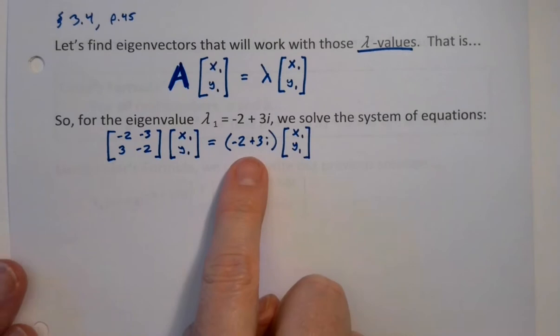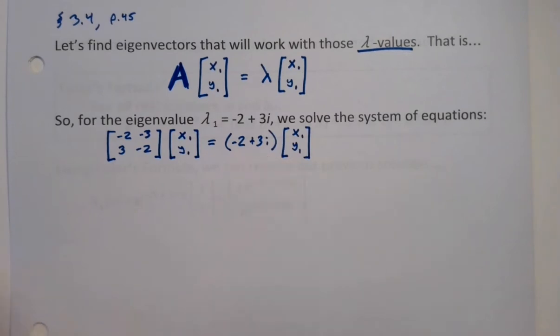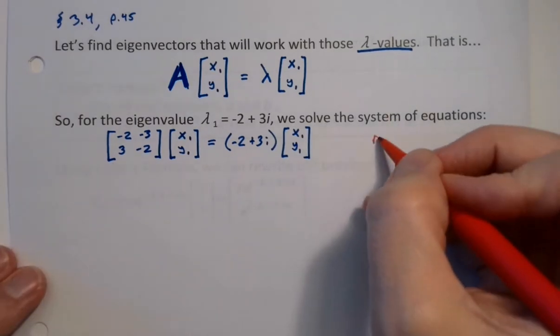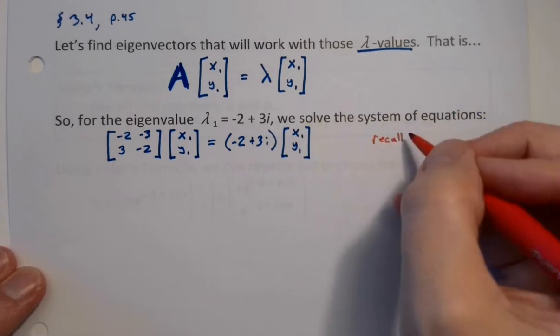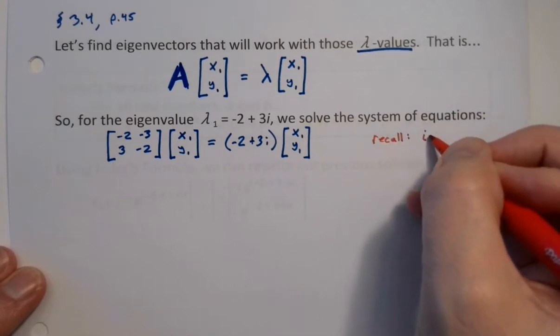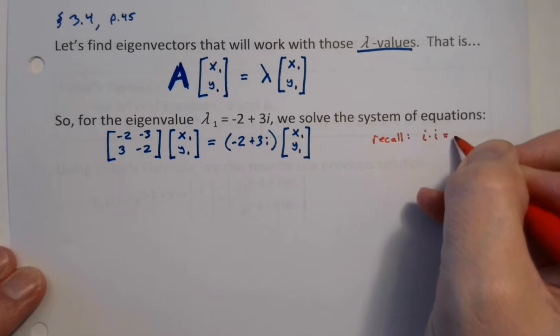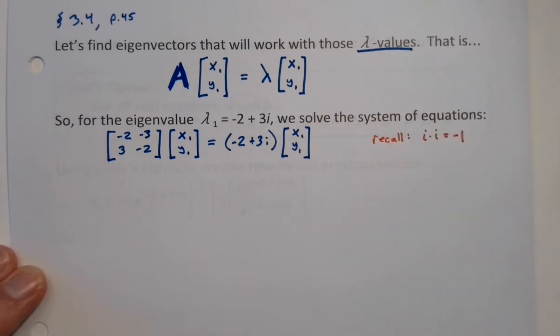Now, if you're sitting there thinking, oh boy, what am I going to do with that i? We're just going to treat it like it's an algebraic quantity. The only thing we have to keep in mind is that i times i is equal to -1.